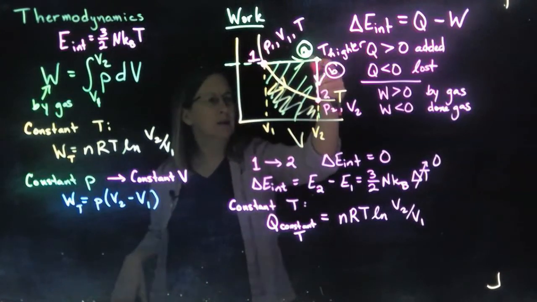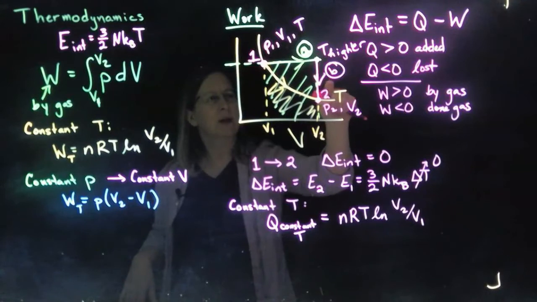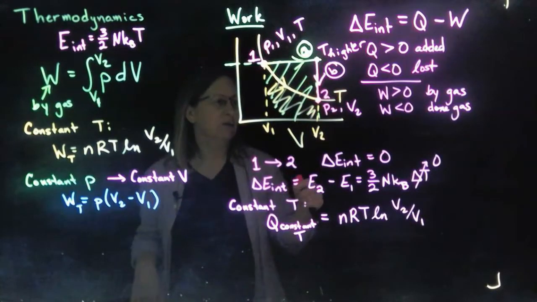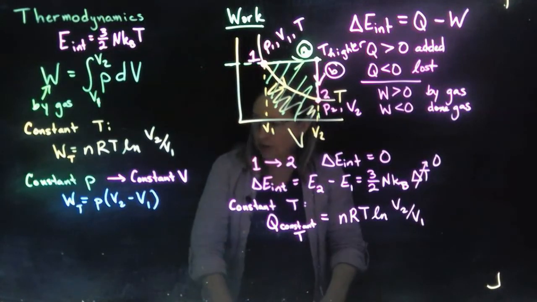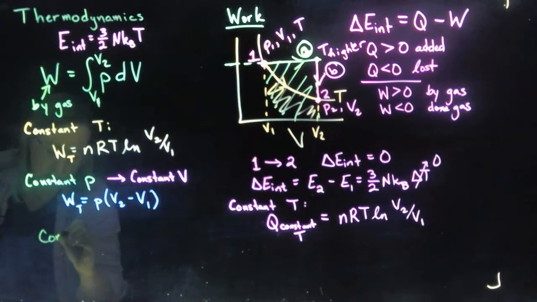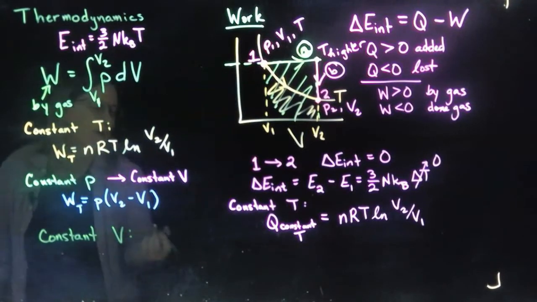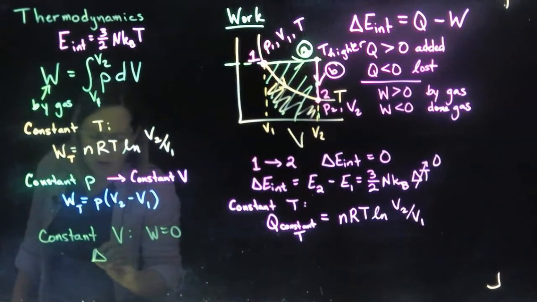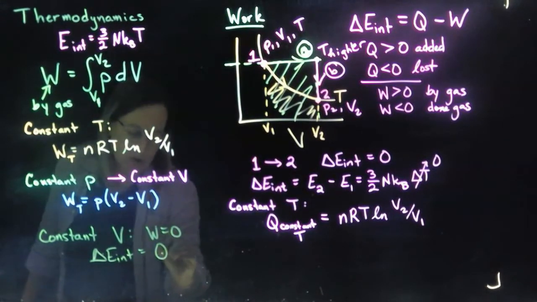For a constant volume process, notice in step B here, we have no work done. So in our constant V setup, the work is equal to 0, so then all of the heat change goes into a change in internal energy.